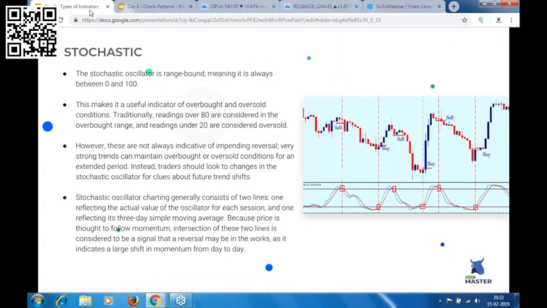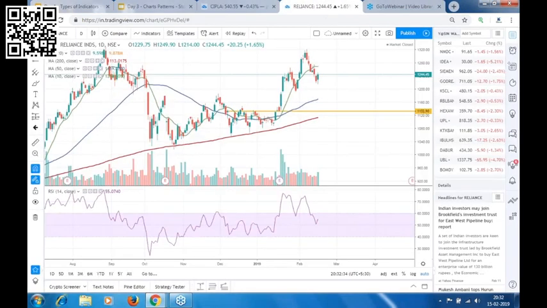Now suppose I apply stochastic. Now see, this is your stochastic. Above 80 is overbought, below 20 is oversold.